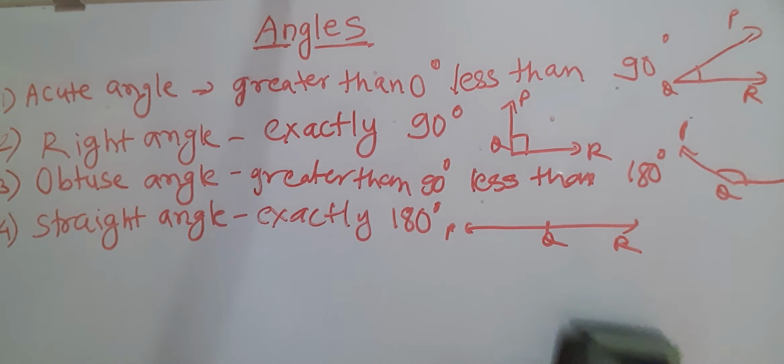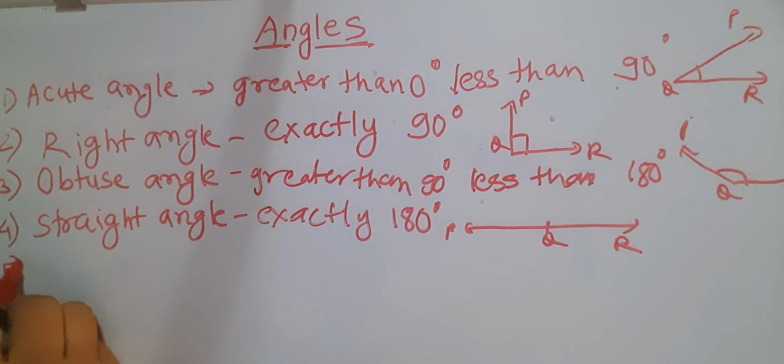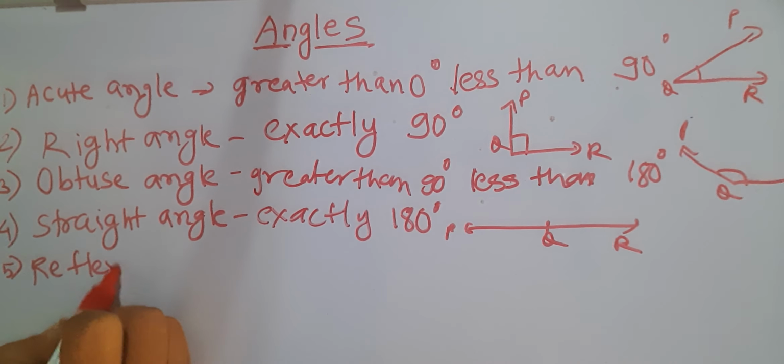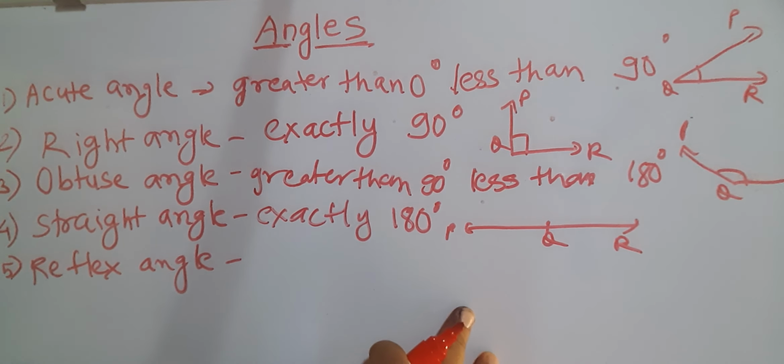And the last type of angle is the reflex angle. Now we have from 0 to 90 degrees, exactly 90 degrees, greater than 90 to 180 degrees, exactly 180 degrees. So the last remaining is greater than 180 degrees. Whenever the angle formed is greater than 180 degrees but less than 360 degrees, then it is known as a reflex angle. For example, suppose we have PQR here.